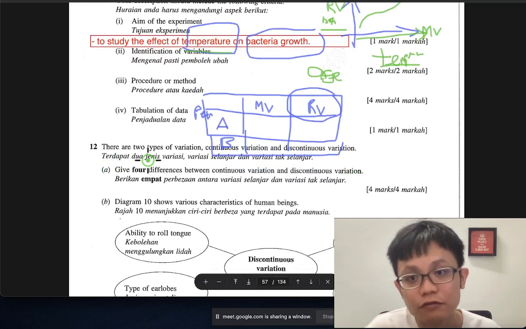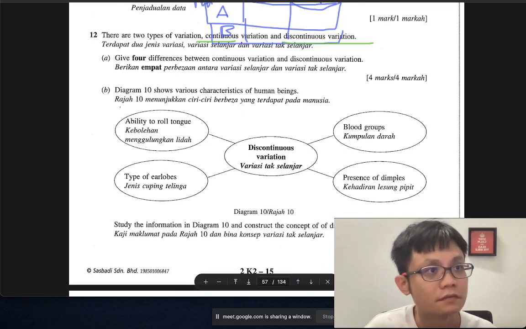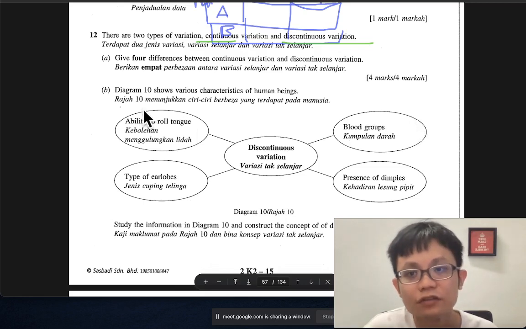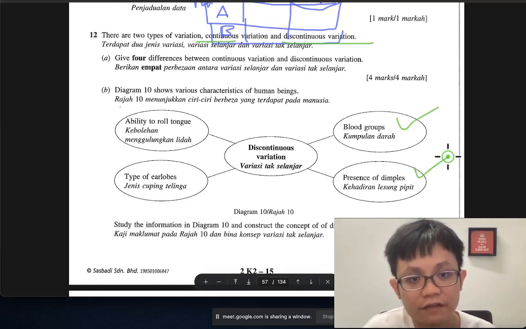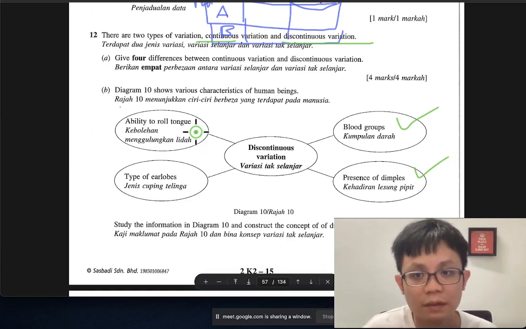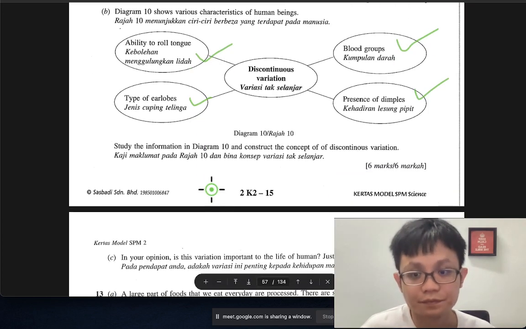There are 2 types of variation: continuous variation and discontinuous variation. So what is continuous variation and discontinuous variation? Diagram 10 shows various characters of human beings: blood group, presence of dimple, ability to roll tongue, and type of earlobe.